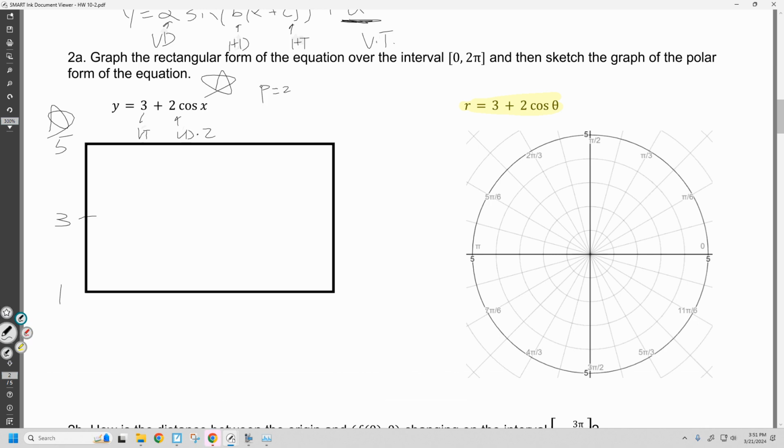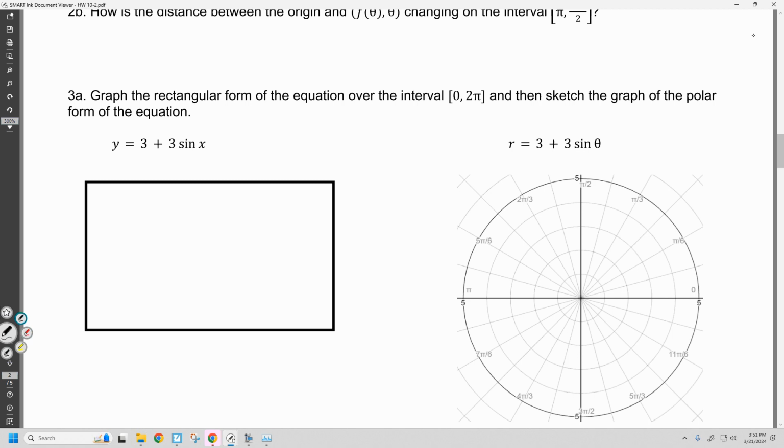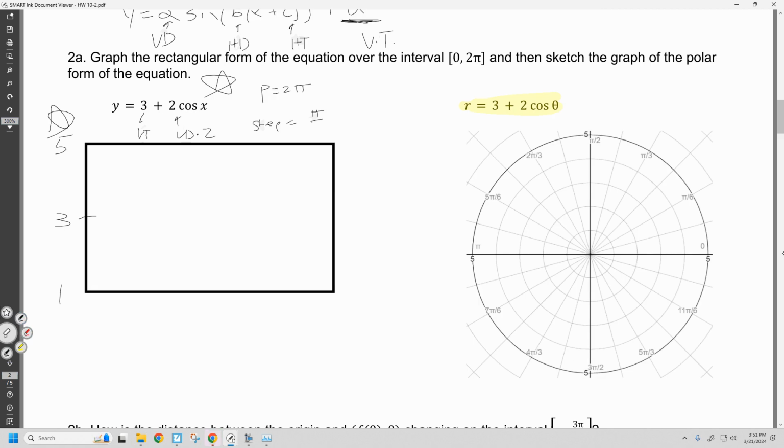It'll start repeating at 2 pi. You want to step it out, divide that into 4 pieces. And you get pi over 2, pi, 3 pi over 2, 2 pi.